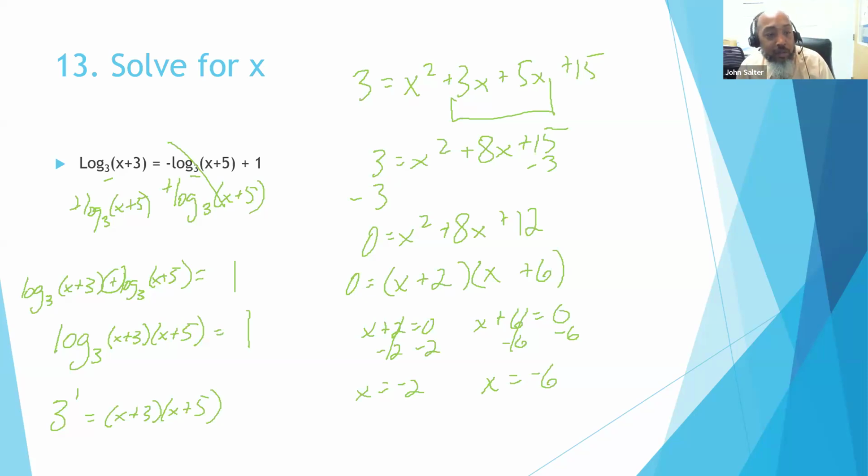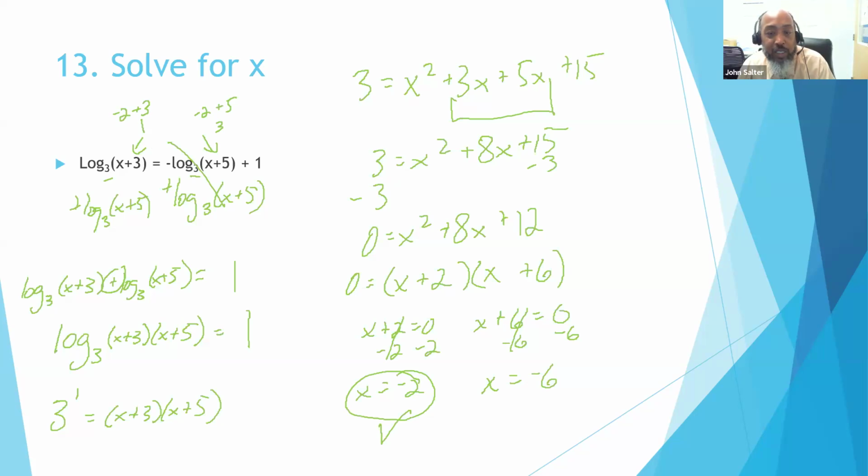If I plug in -2 into these, I end up with -2 plus 3, which is 1, and -2 plus 5, which is 3. This works out perfect. Now I'm going to try -6.